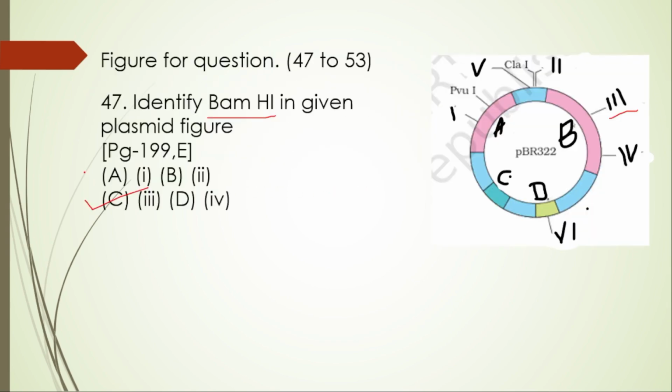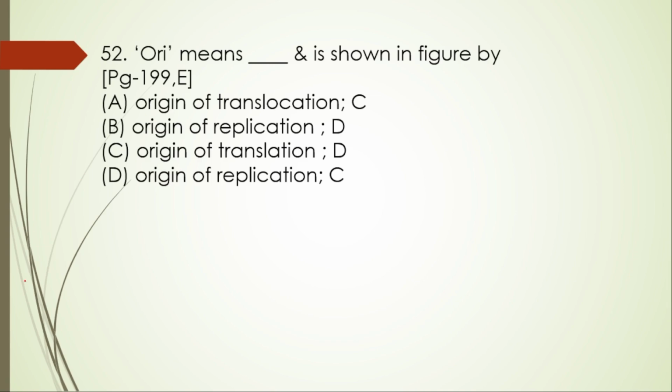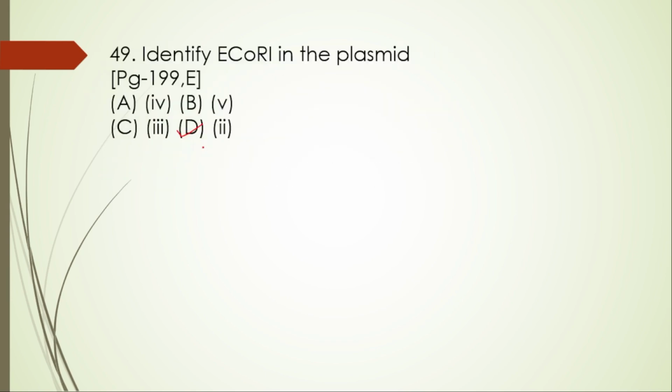Yeah, it is origin of replication, it is shown in C. So we will go with option D, origin of replication, shown in the figure by C. 53. Identify PvuII in the given figure of the plasmid. PvuII is at, let me take you there.